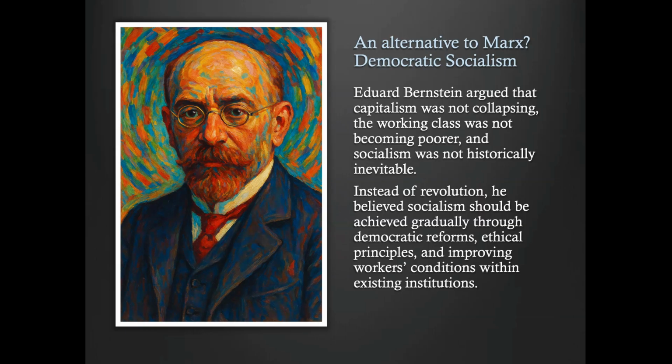The working class actually was not becoming poorer, and socialism was not historically inevitable. Well, you've got to bite the bullet. So instead of revolution, what do you do? Bernstein argued that socialism could be gradually achieved through democratic reforms, ethical principles, and improving workers' conditions within existing institutions.